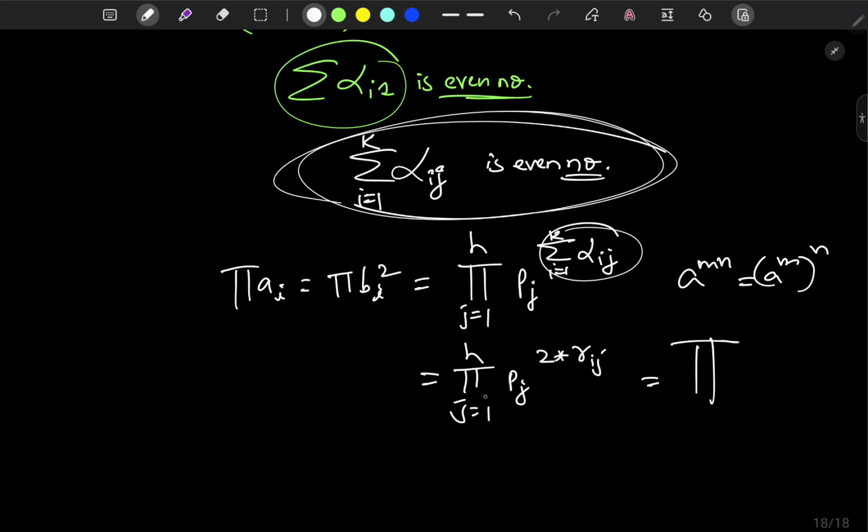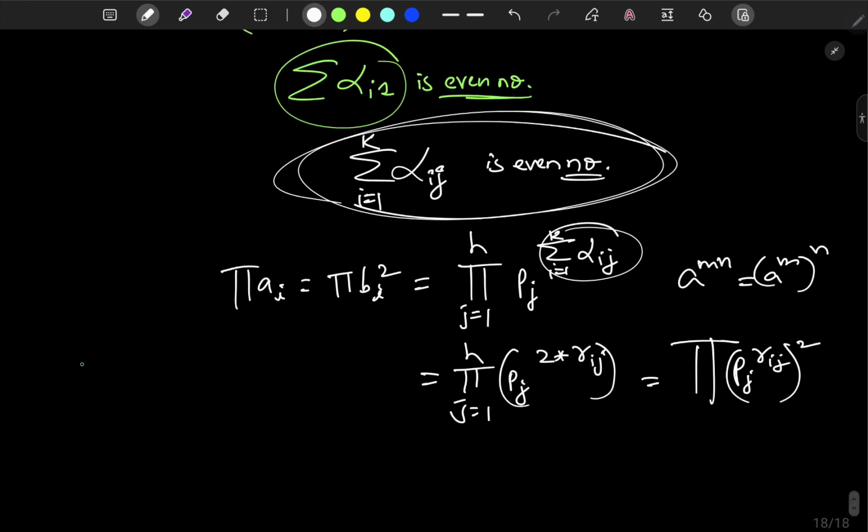This is pi, I am writing the inside value of pi, pj into gamma ij, you got my point, gamma ij into whole square.